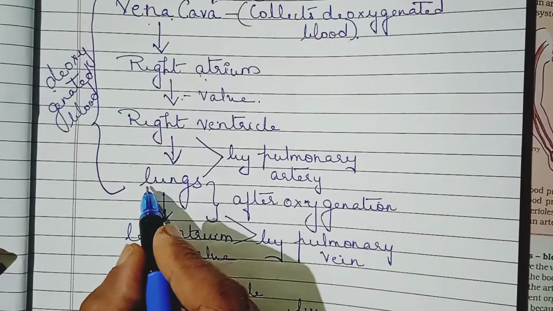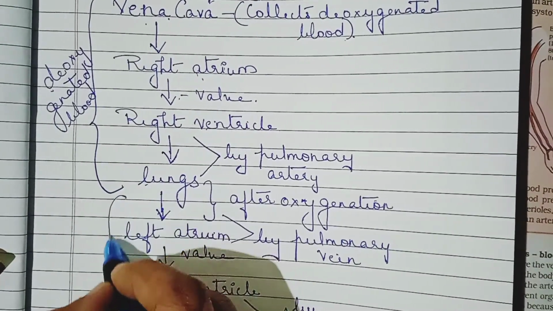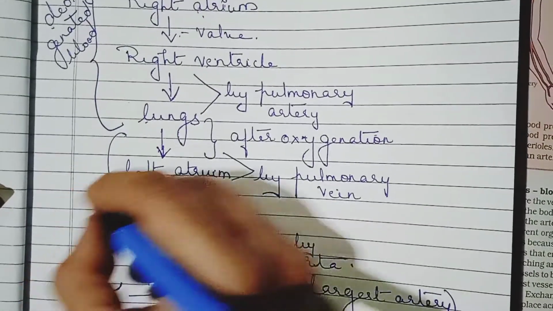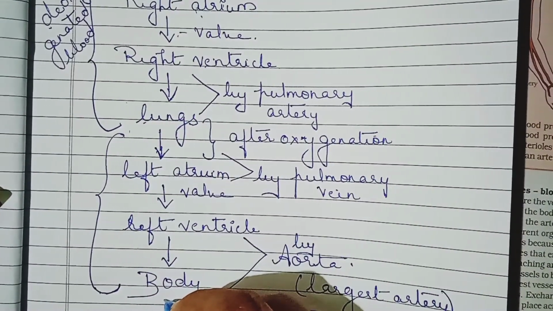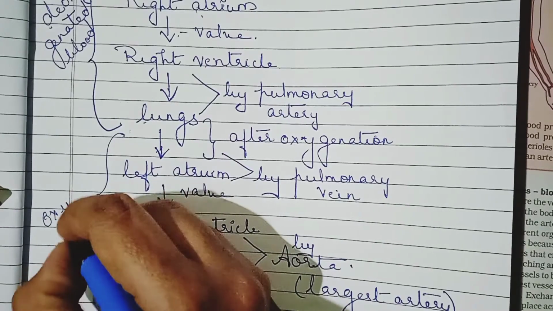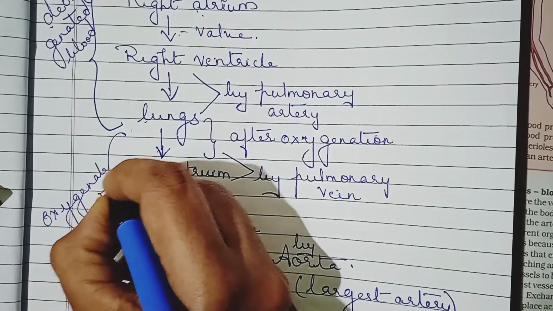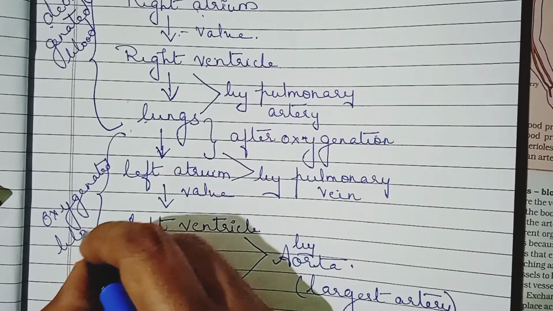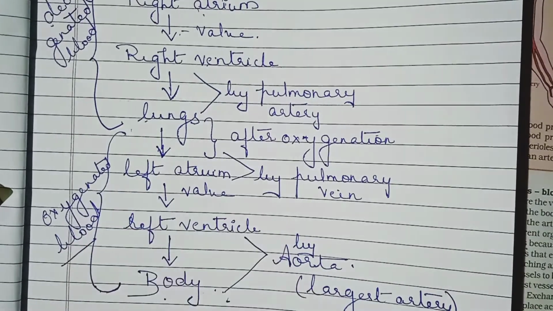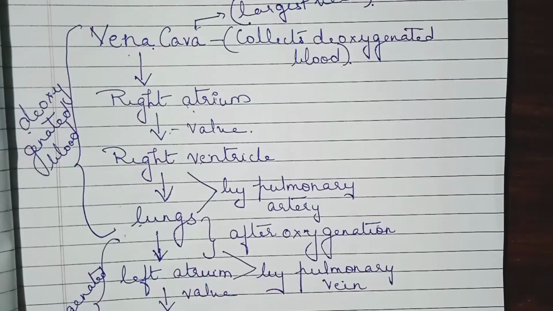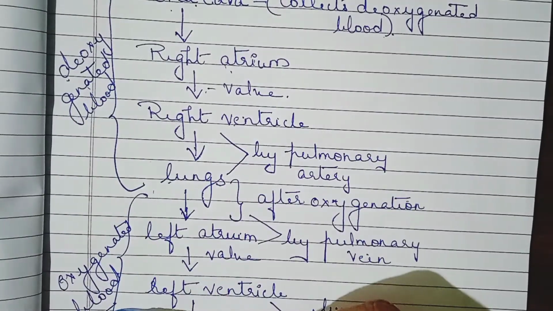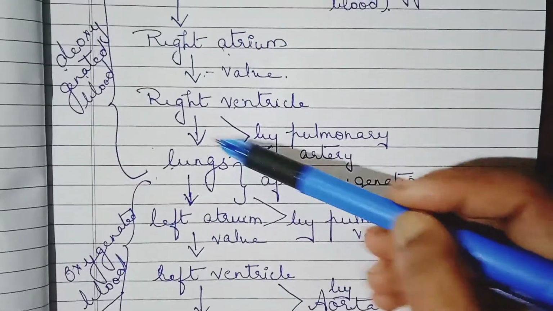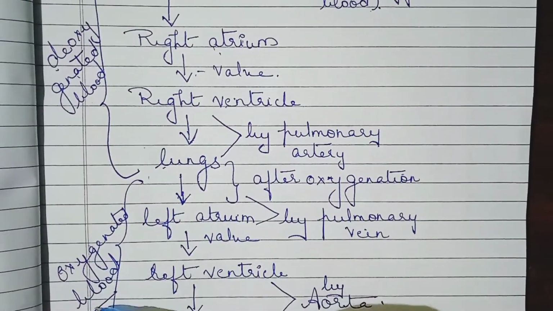And then from the lungs, after oxygenation, it gets to all the parts of the body. So from the lungs till the body, that will be the oxygenated blood. So we can see the deoxygenated blood on the right side, and on the left side we have the oxygenated blood.